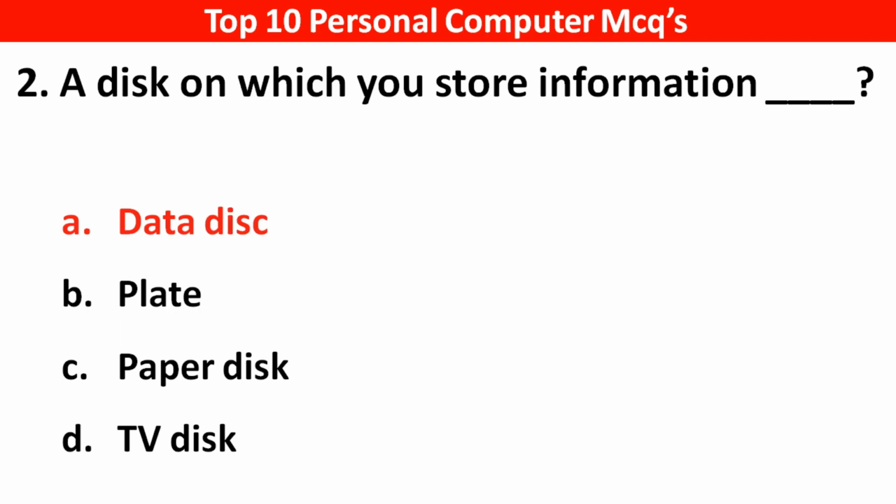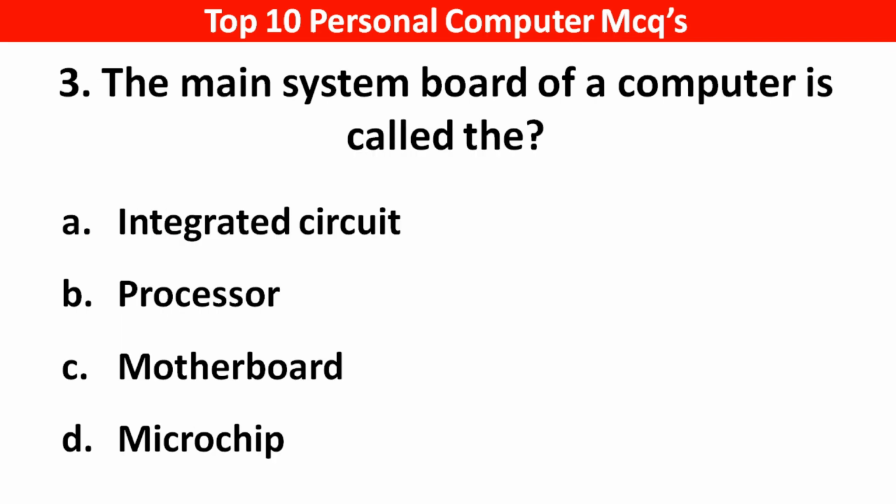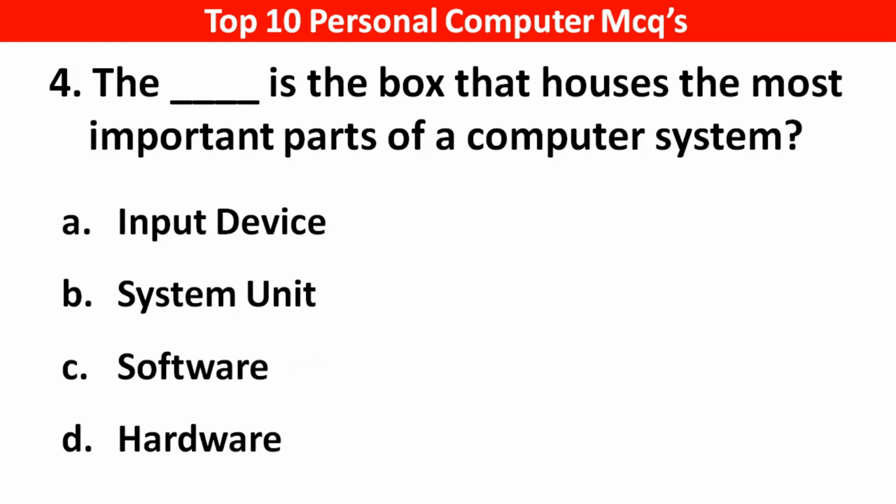Data disk. Next question. The main system board of a computer is called the options A, integrated circuits. B, processor. C, motherboard. D, microchips. Right answer is option C, motherboard. Next question.